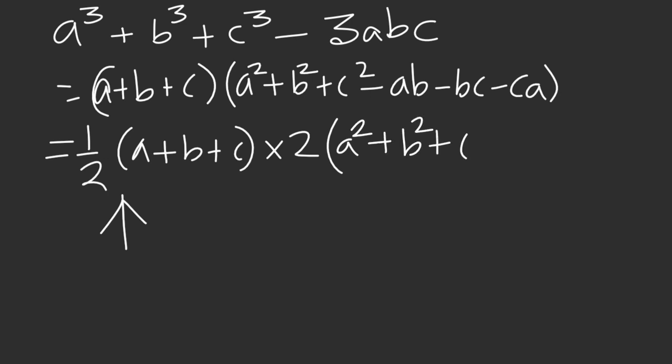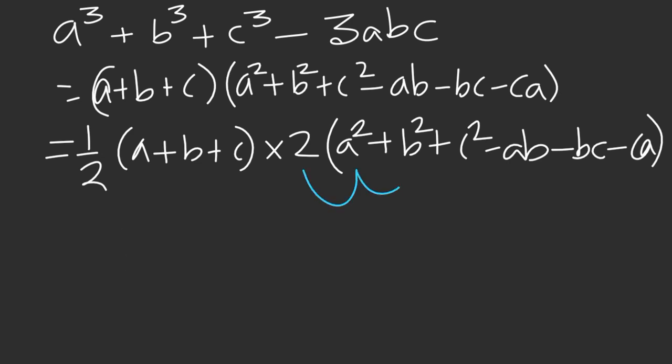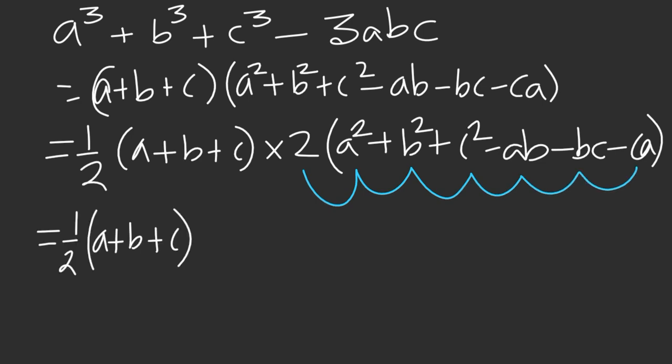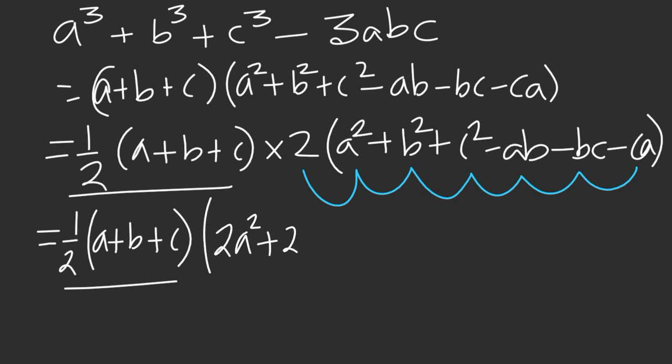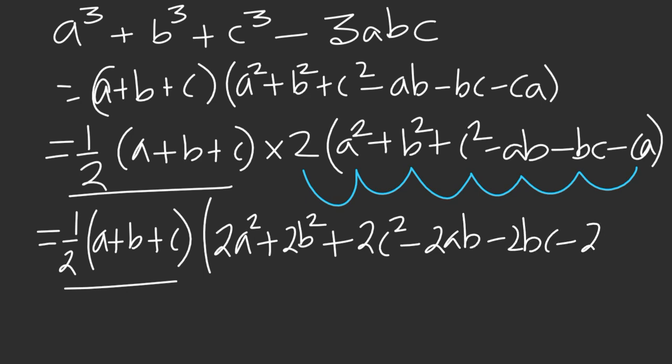So we have it this way. Now if we take this 2 and multiply to each one of them, we shall have half into a plus b plus c, same as it is above here and here, and this 2 will give us twice a square, twice b square, twice c square, then twice ab, twice bc, and twice ca.